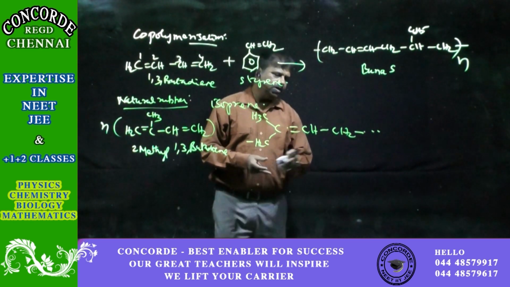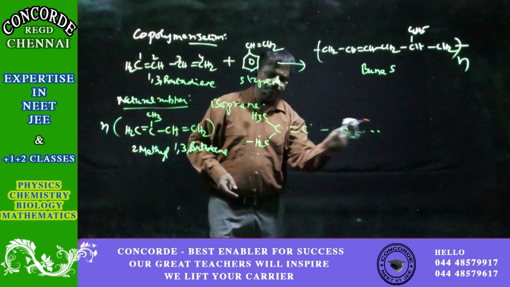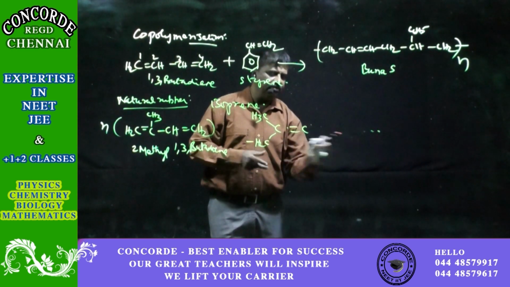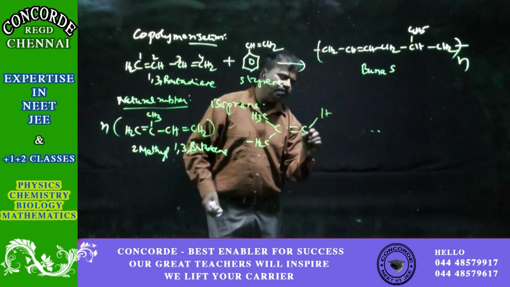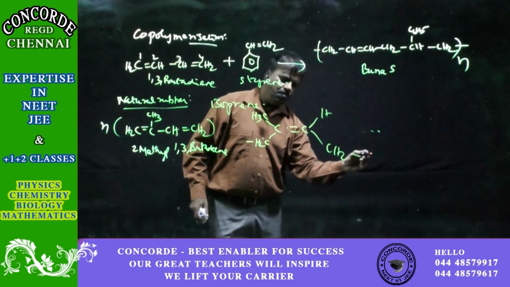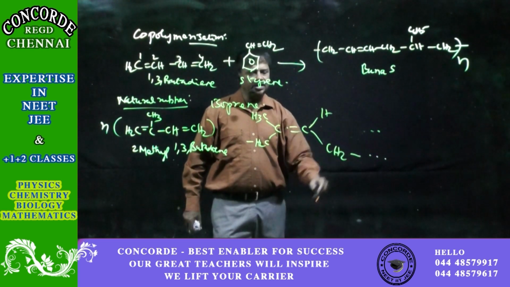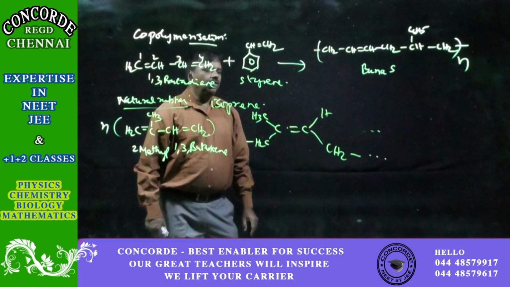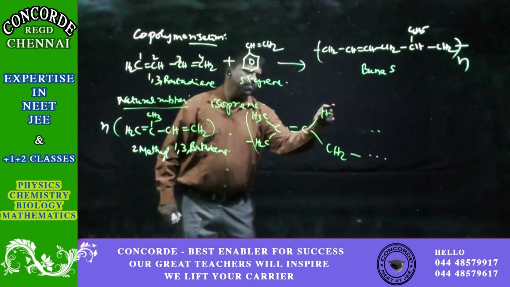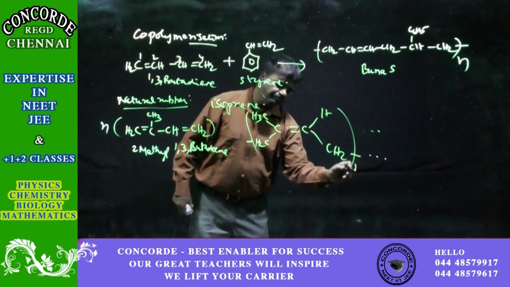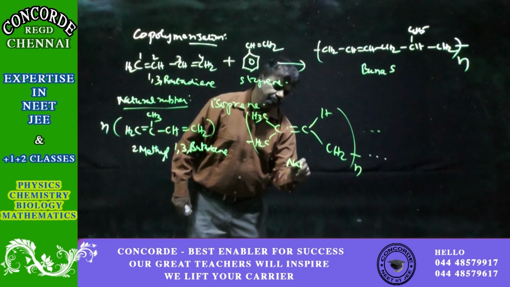Or you can even take this as, for our convenience, since we have written this like this, so this can be even like this, where a linking happens. Okay, so many such units of this give the natural rubber.